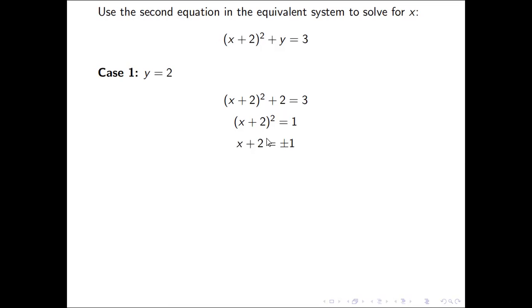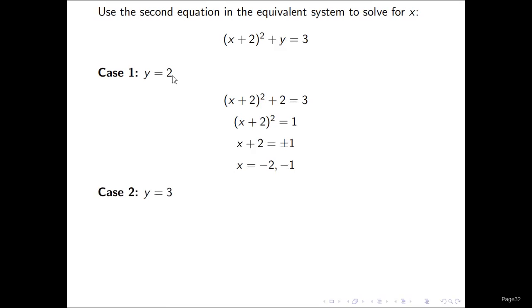So we get 1 minus 2 and negative 1 minus 2, getting the solutions negative 1 and negative 3 for y equals 2. So when you write your ordered pairs, it has to be the x coordinate first, then the y coordinate. So this gives us (-3, 2) and also (-1, 2) as solutions.